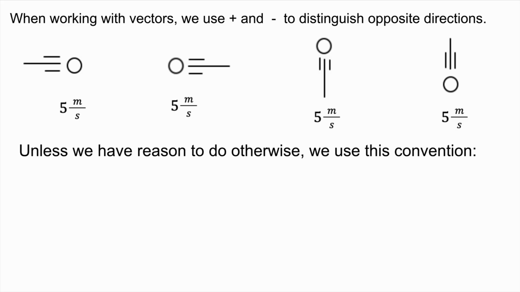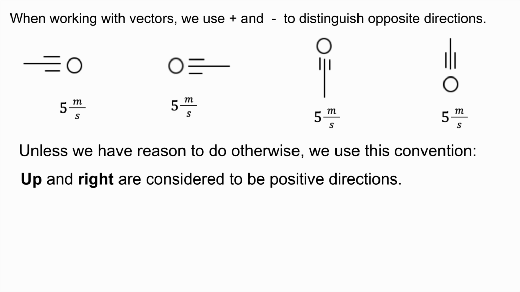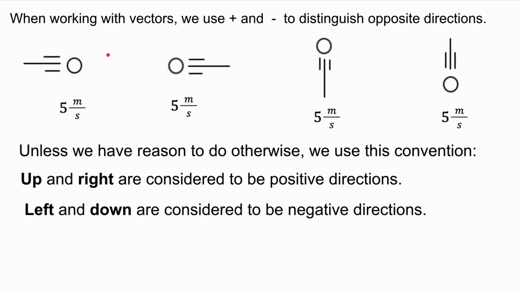Unless we have reason to do otherwise, we're going to use this convention. We're going to say that up and right are positive directions, and we're going to say left and down are negative directions. So left is negative, down is negative. We're going to put negative signs in front of these values here to indicate that they're not going in the same direction as the positive values here.